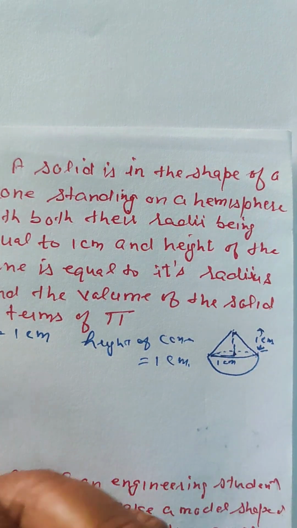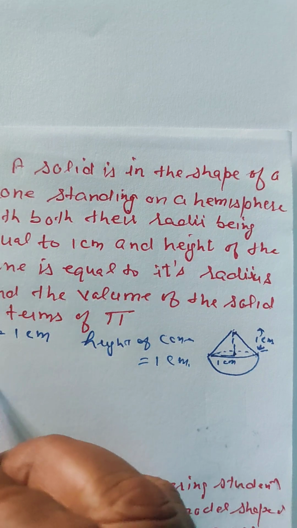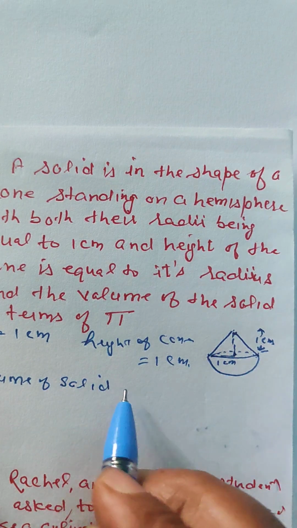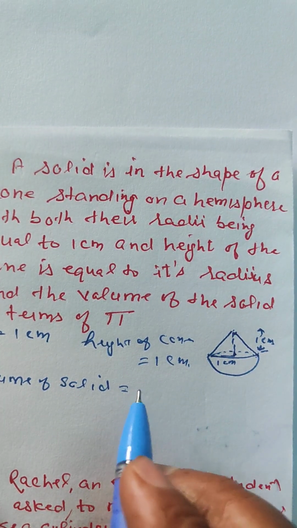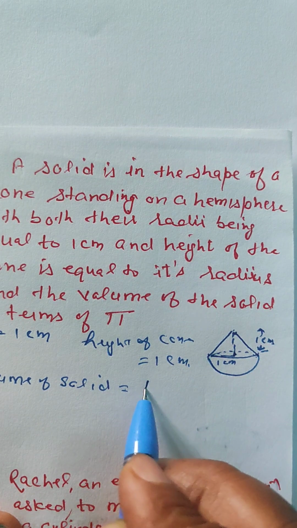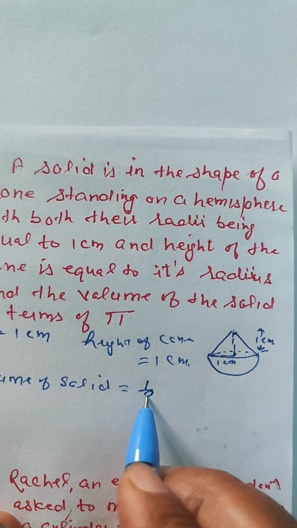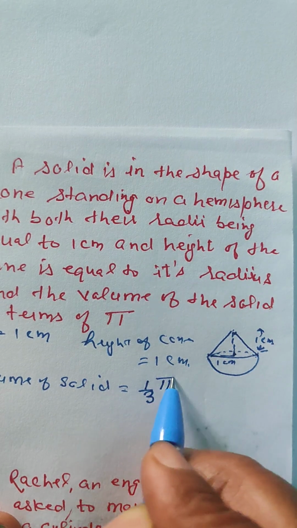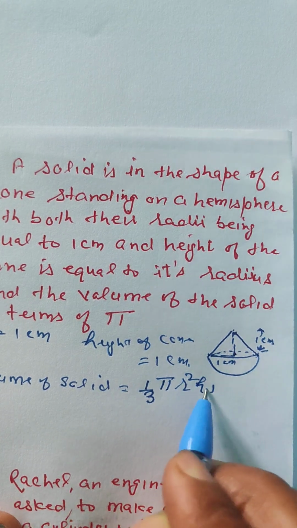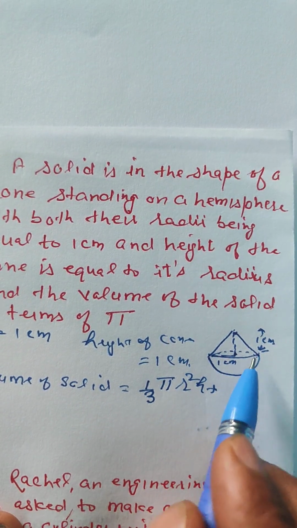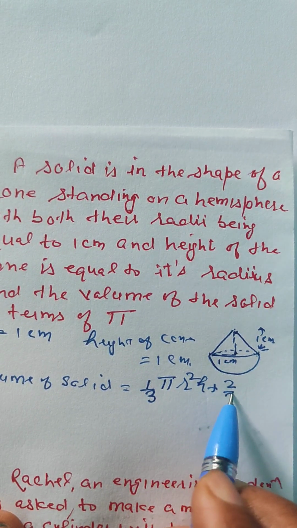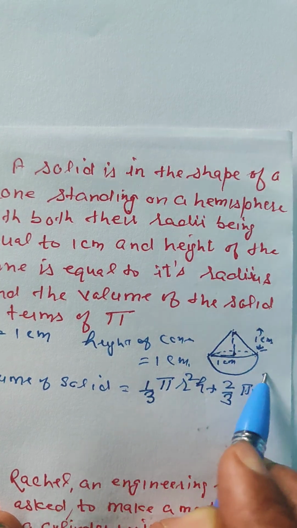So the volume of the solid is equal to the volume of the cone, 1 by 3 pi r square h, plus the volume of the hemisphere, which is 2 by 3 pi r cube.